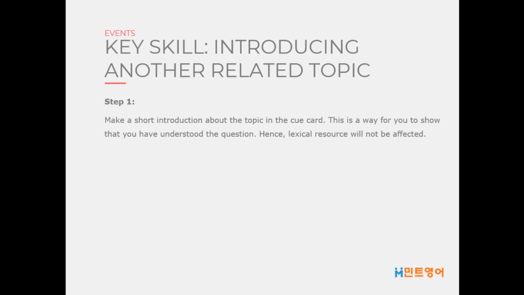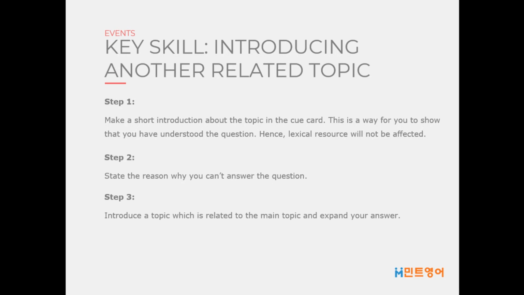This is a way for you to show that you've understood the question. Hence, lexical resource will not be affected. Second, state the reason why you can't answer the question. Lastly, introduce a topic which is related to the main topic and expand your answer.